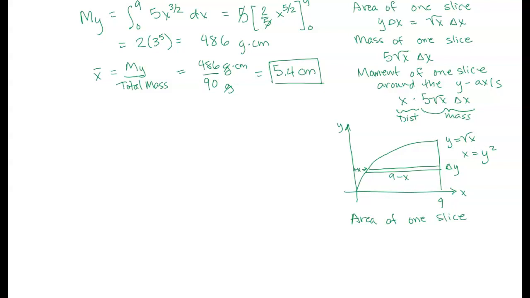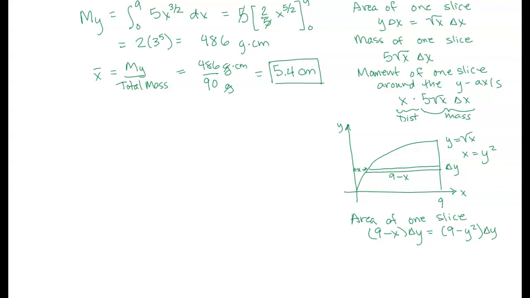So it's essentially going to be 9 minus x times delta x, but it's not delta x, gosh, delta y, right? That's the thickness. But I really want to integrate with respect to y, so I'm going to replace the x with y squared. So it becomes 9 minus y squared delta y.